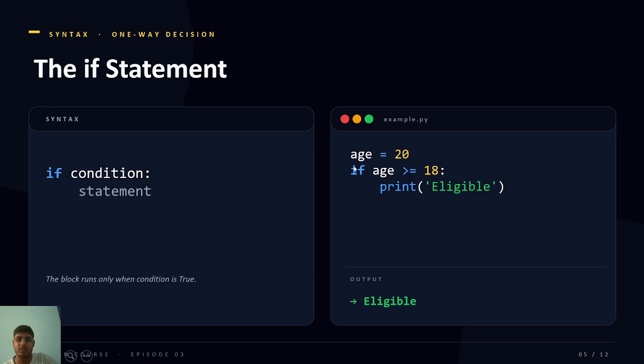If age is greater than or equal to 18, then this code will be executed and the output will be eligible. The block runs only when the condition is true.